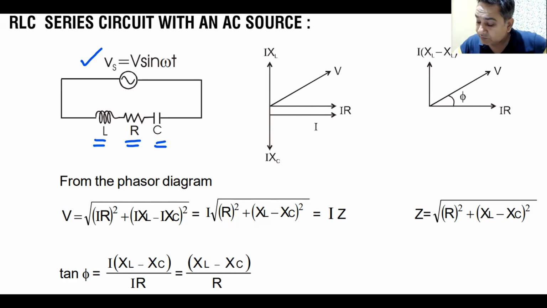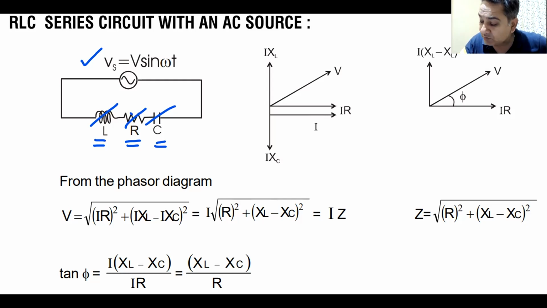If I take C out, it becomes LR. Yes or no? If I take L out and C is still in, it becomes RC. If I take R out, it becomes LC.